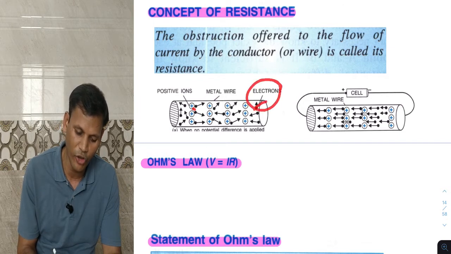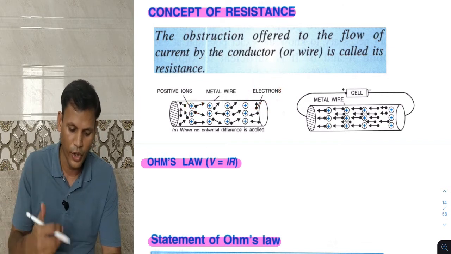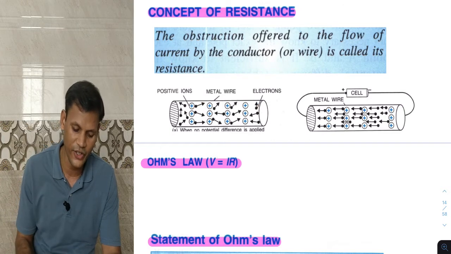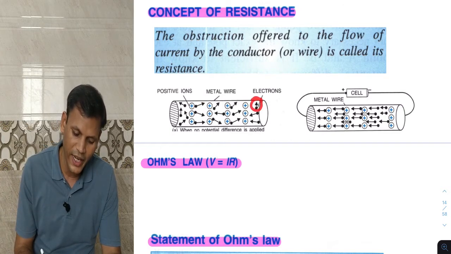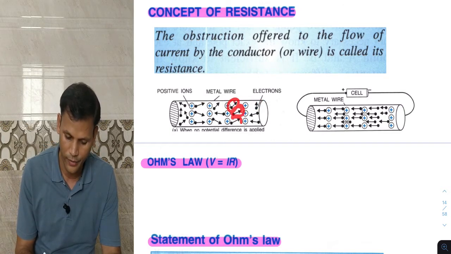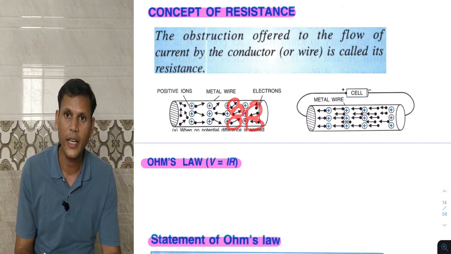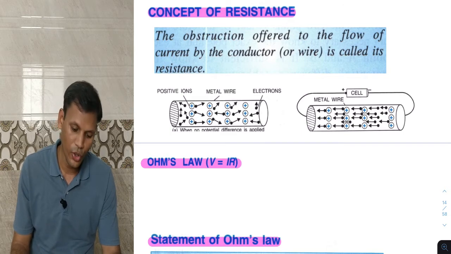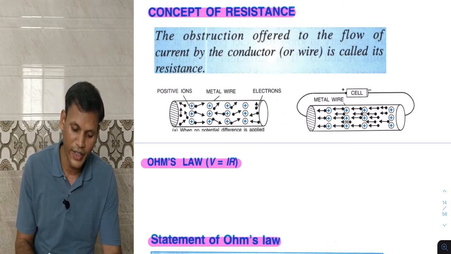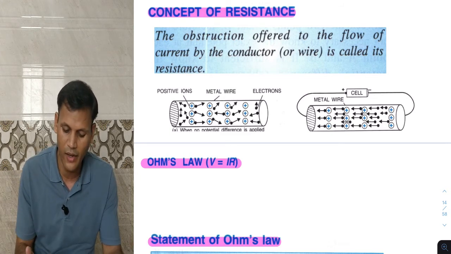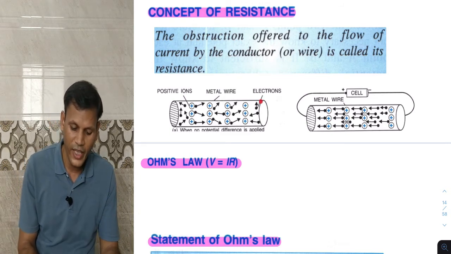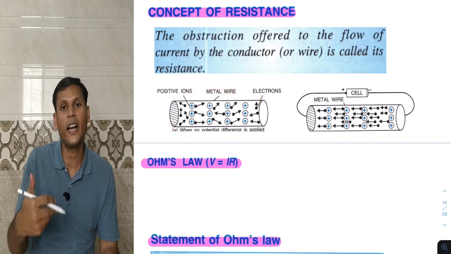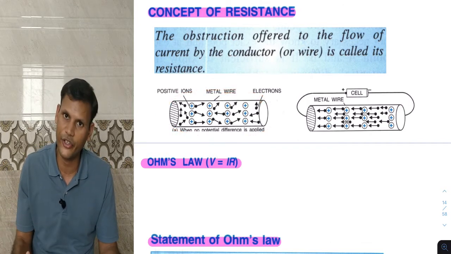The negative ones are the electrons and the positive ones are the protons, or positive charge. These electrons are in random motion, so they collide with the walls of the container or with themselves, drifting in all possible directions.